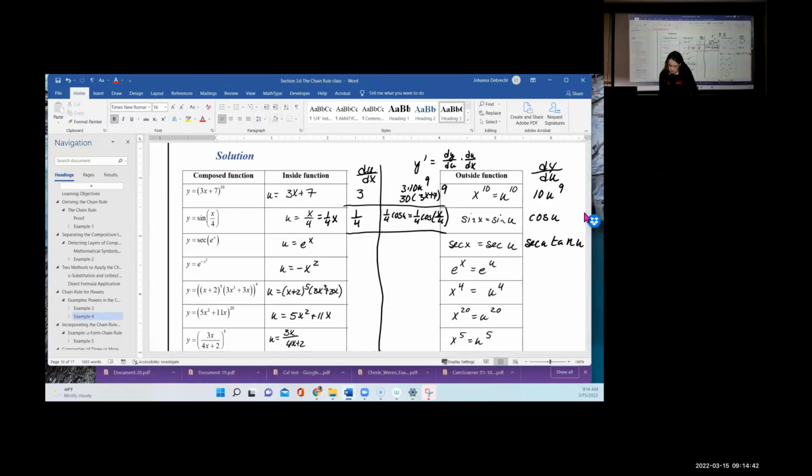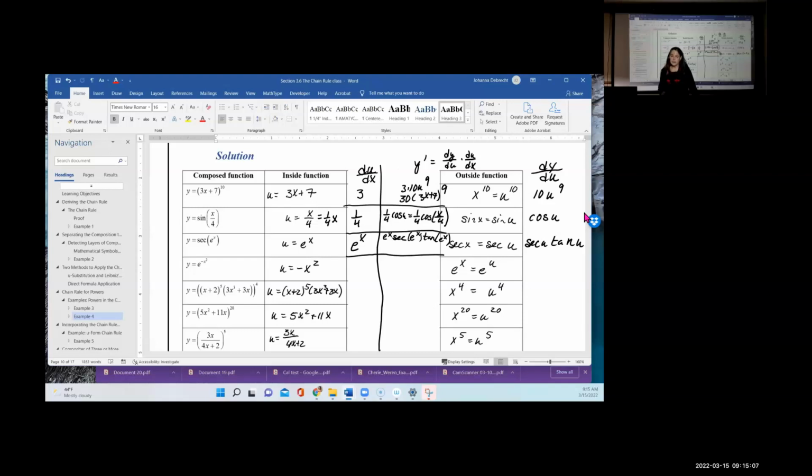And then we take the derivative of the inside function, which is e to the x. And remember, I said yesterday, the derivative of e to the x is e to the x. So when we take the derivative of that, we get e to the x secant of e to the x tangent of e to the x.